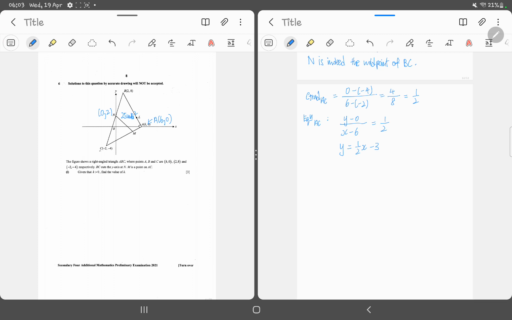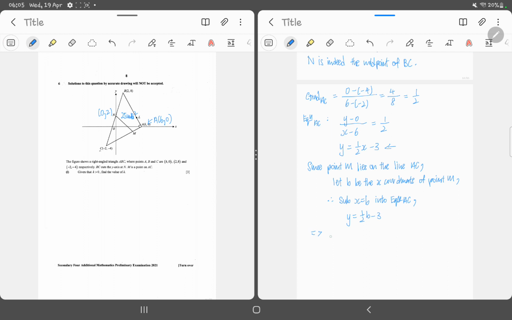Okay, so this means that since point M lies on the line AC, let B be the x coordinate of point M. So therefore, sub x equals B into the equation of AC, because we have let the x coordinate of point M be B. We know that the point M lies on the line AC, so we can get the y coordinate of point M, which is in this form: y equals 1 over 2 B minus 3.